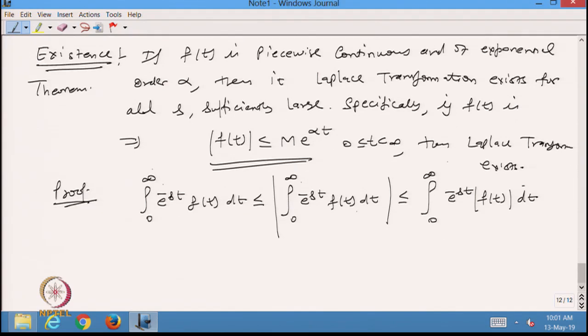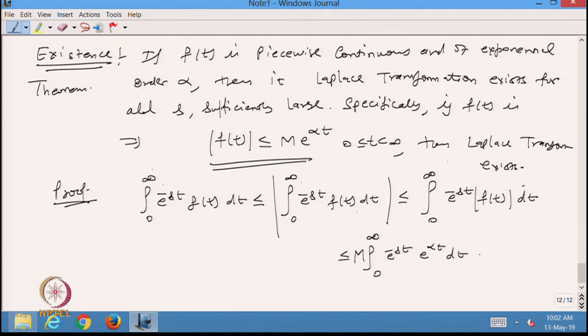This is less than this one, and this is equal to the integral from 0 to infinity of e raised to power minus st, times the modulus of f(t). It is given to me that the function is of exponential order, so the modulus value of f(t) is less than or equal to M e raised to power alpha t. So, I can take M outside, and this will be e raised to power alpha t dt.